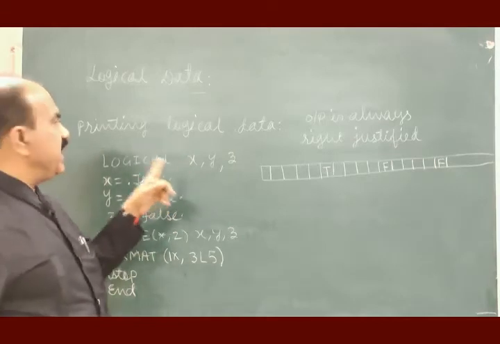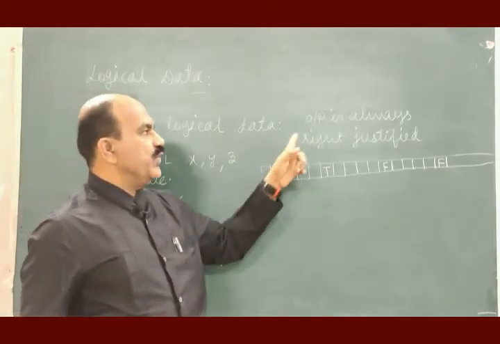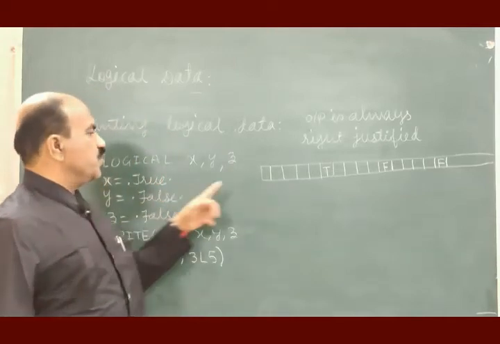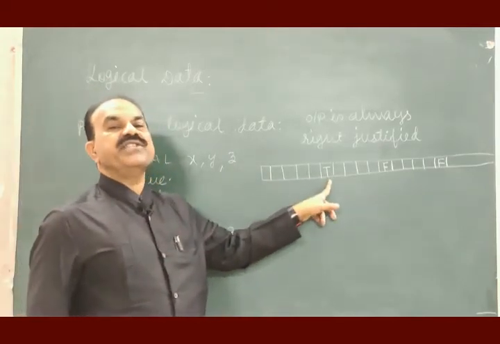So what we find? This T for x is right justified.